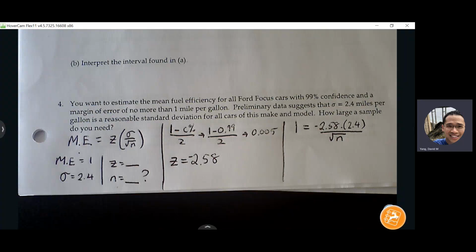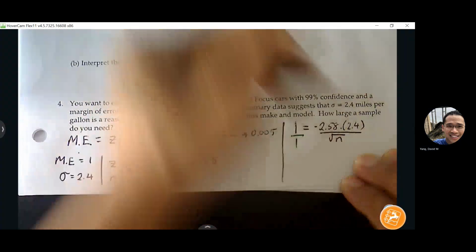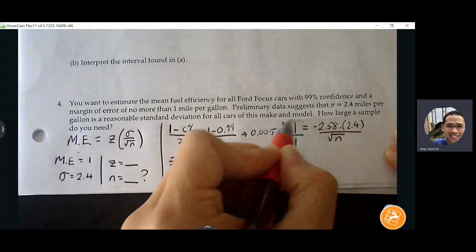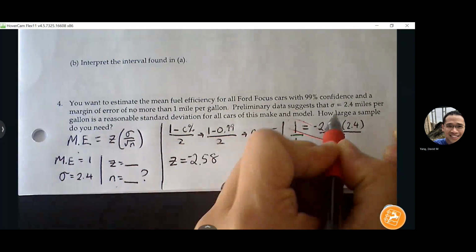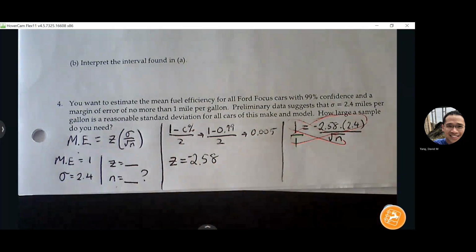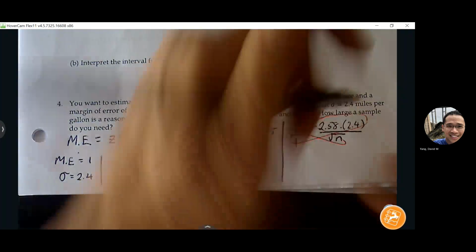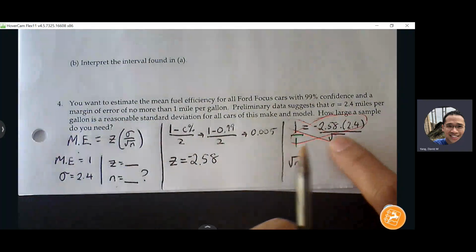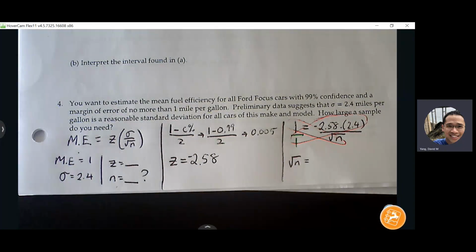I'm just going to cross multiply and then try to make my way down to solving for n. So if I force that as a 1 over 1, I can cross multiply and do the cross product. 1 times negative 2.58 times 2.4.